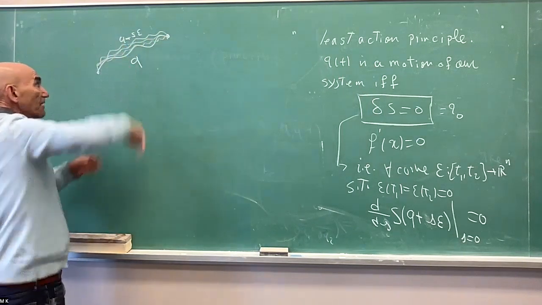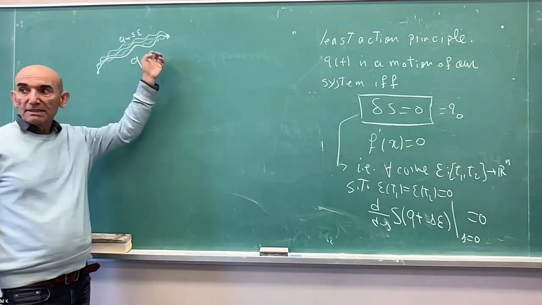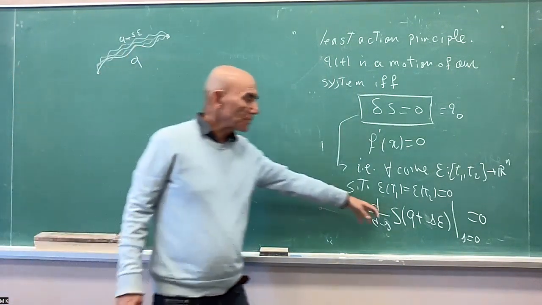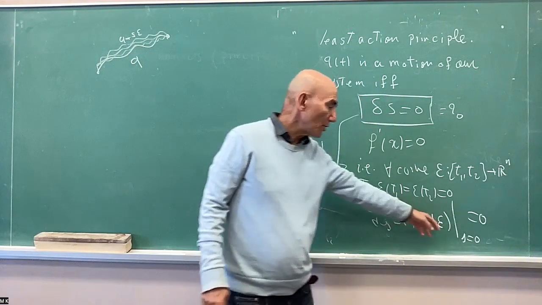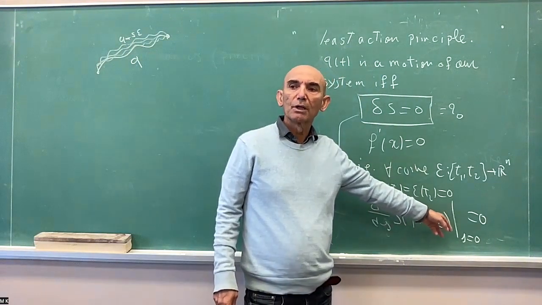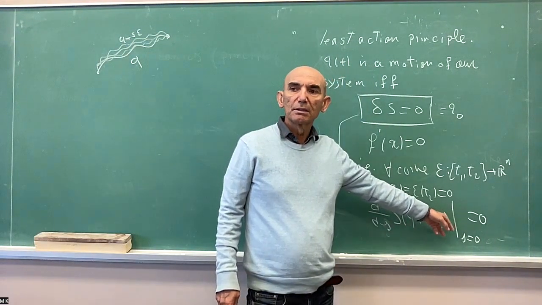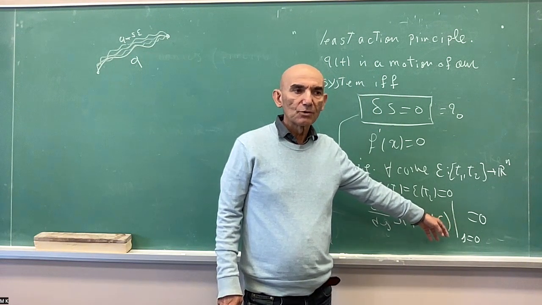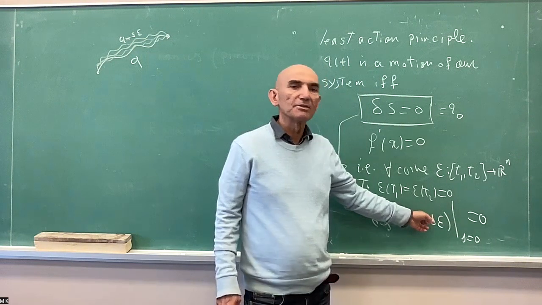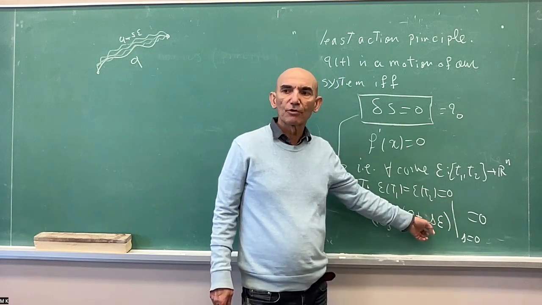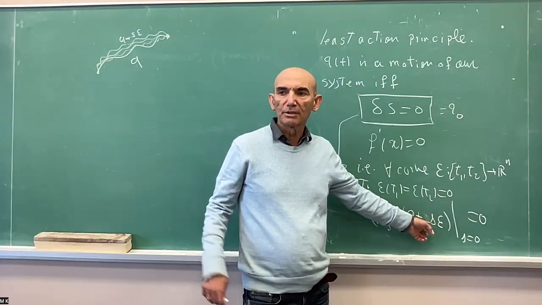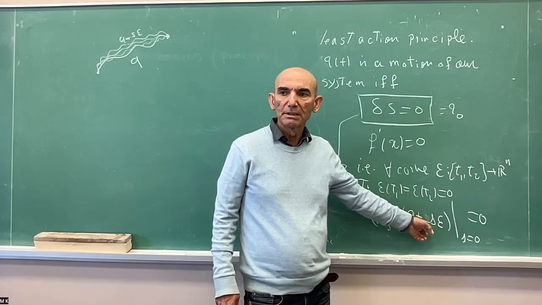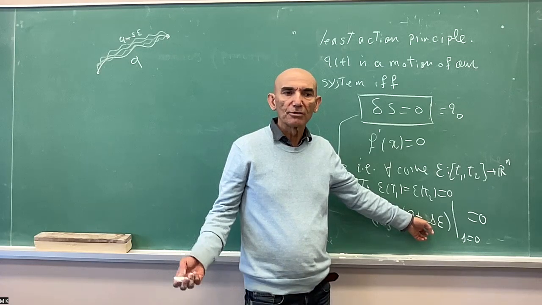It just means that the variation of this quantity, the action, along this direction epsilon should be equal to 0 for all directions epsilon. So basically, this quantity is the directional derivative of this function S, like from multivariable calculus. This is the directional derivative.